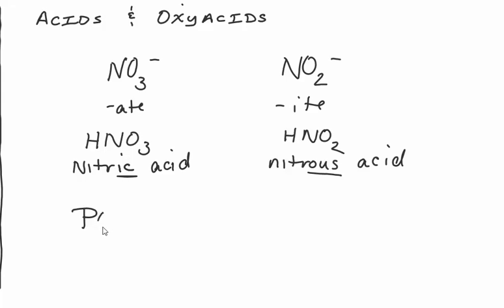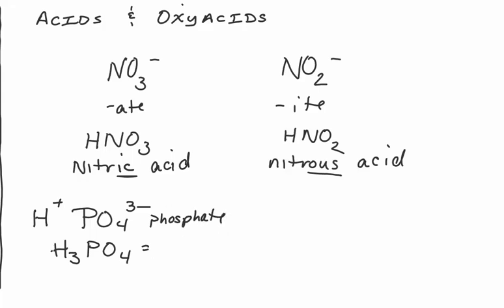If we were to start with phosphate, note how phosphate has a 3-. That means we're going to need 3 hydrogens in order to satisfy that charge. So H3PO4, because this was phosphate, we're going to remove the ate and add ic acid.